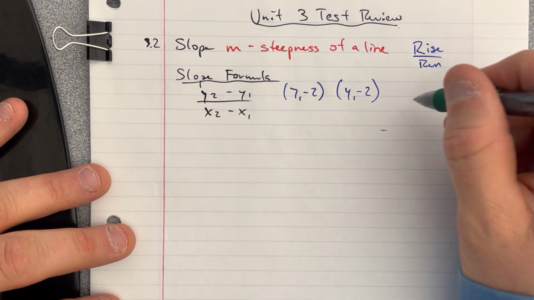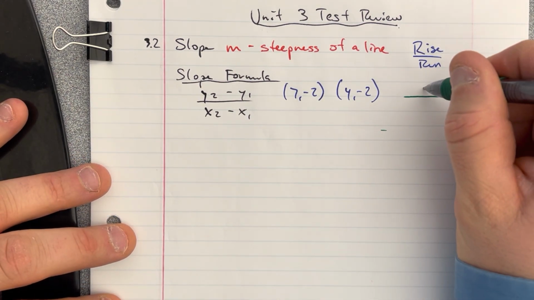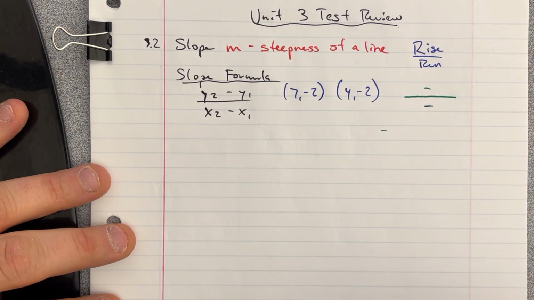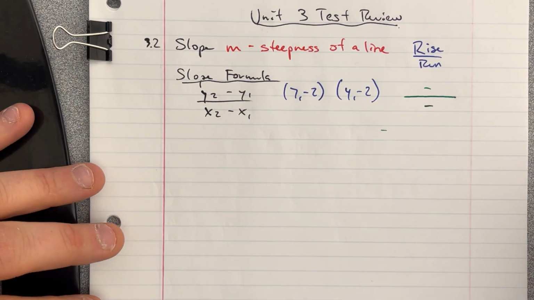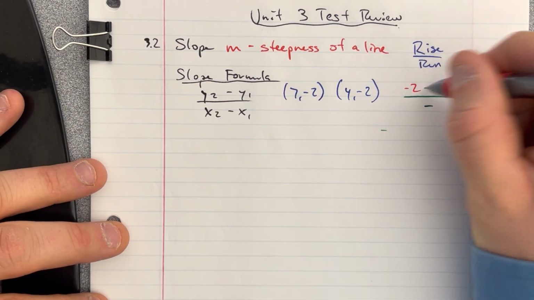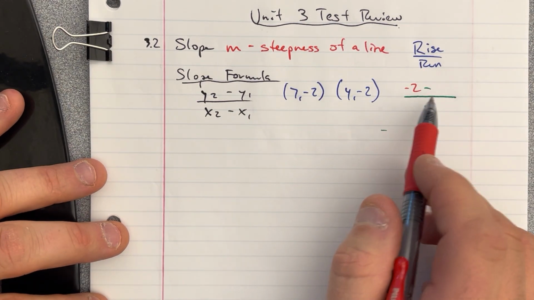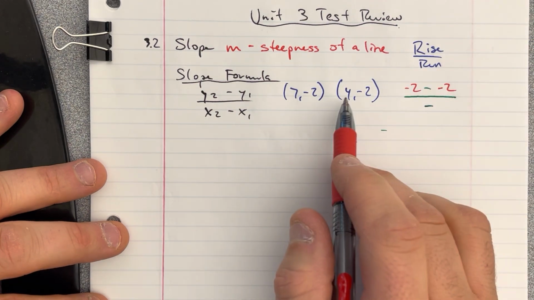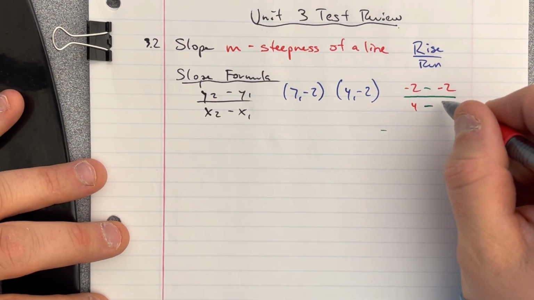So as a reminder, what we always did was create that fraction bar, and then we just had two subtraction signs. And then we put the numbers into the correct spot within our formula. So -2 is our y2, so I put that there. The other -2 is my y1, so I'll put it here. Then I got 4, and then I got my 7.